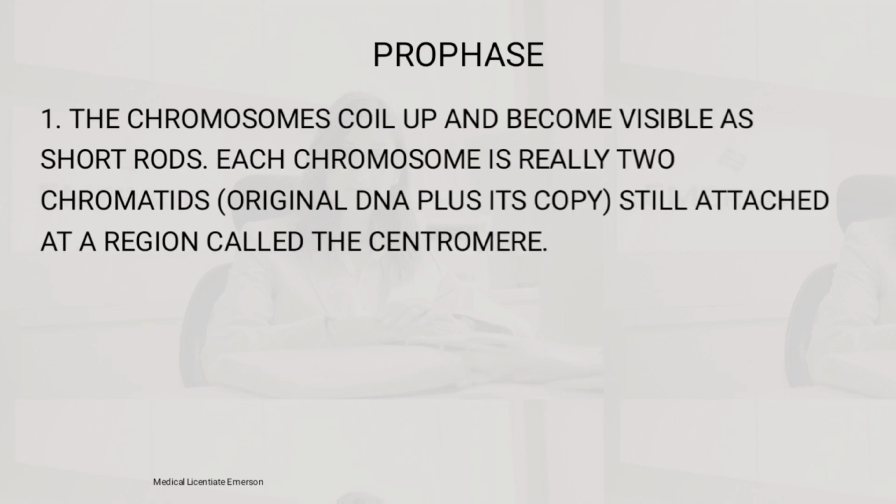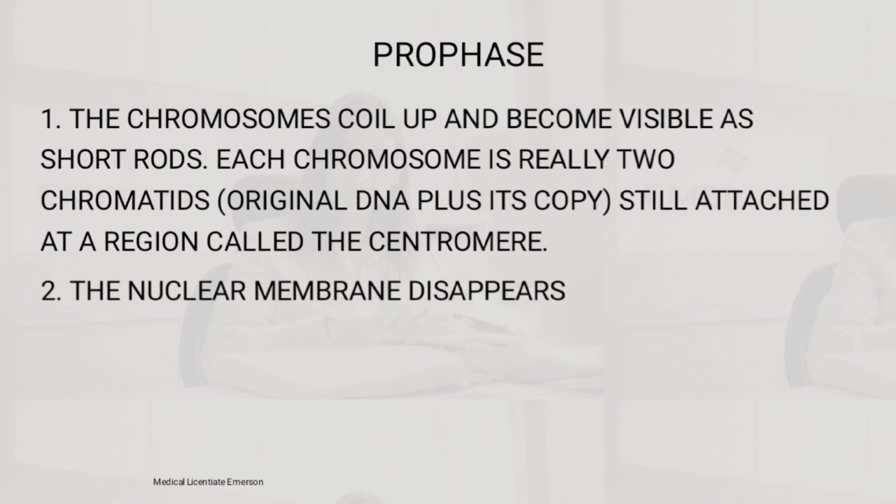Starting with prophase, the chromosomes coil up and become visible as short rods. Each chromosome is really two chromatids, the original DNA plus its copy, still attached at a region called the centromere.